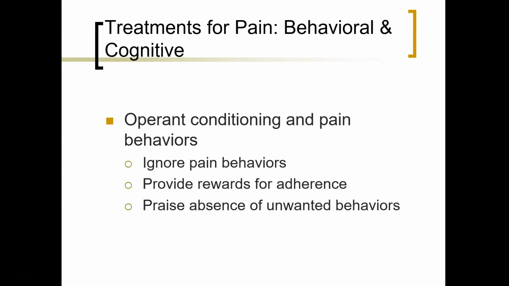And if it's identified that they could walk faster, then one of the goals could be to help them walk faster and also walk with an upright posture rather than leaning over. And so praising and supporting their work toward those goals, and then also praising them for the absence of unwanted behavior.